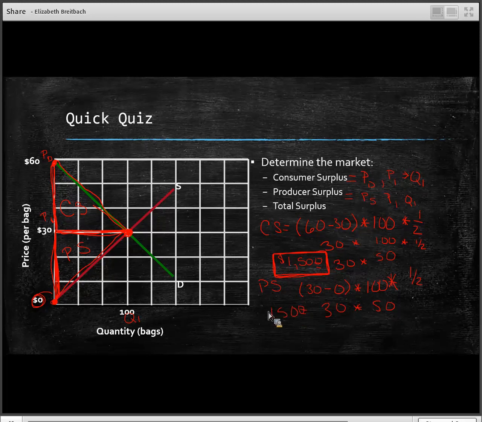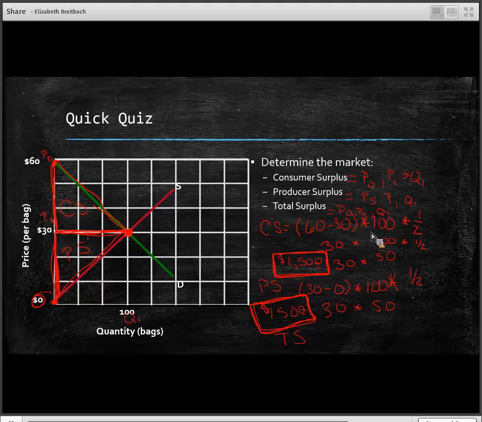That's 1,500 again. It's not always the case that producer and consumer surplus are equal, but in this case, they are. For total surplus, we can either add those two numbers together, or remember we need PD and PS, we can ignore our equilibrium price, and we need Q1.